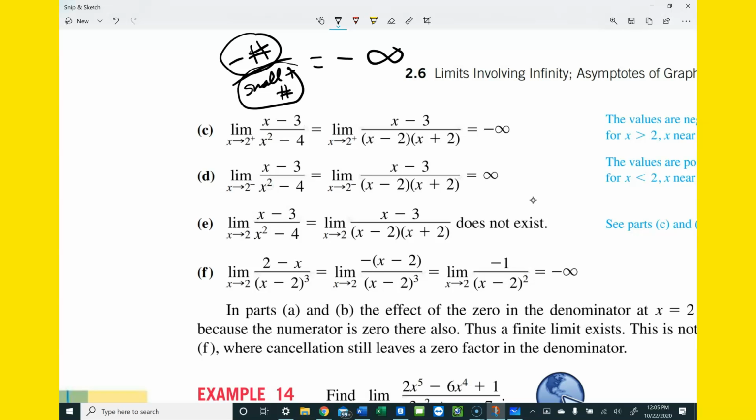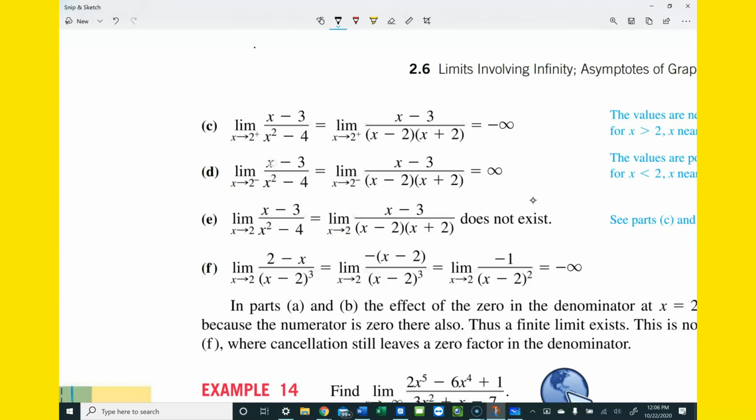All right, let's try it. What happens here? This time, we're approaching 2 from the left side, so this is going to be a number a little less than 2, like 1.99. 1.99 minus 3 is, again, a negative number.